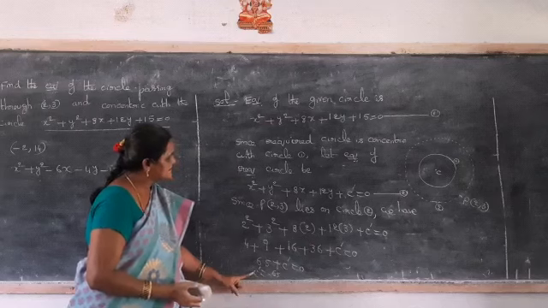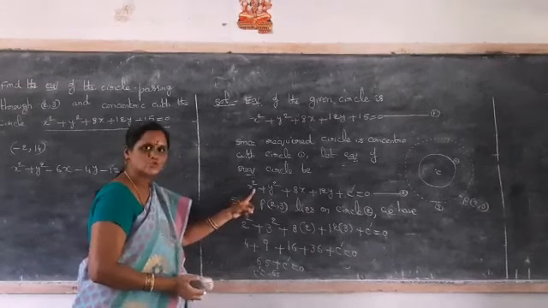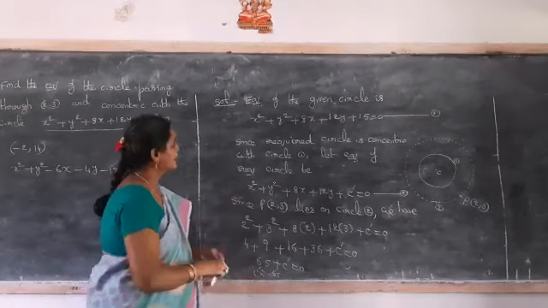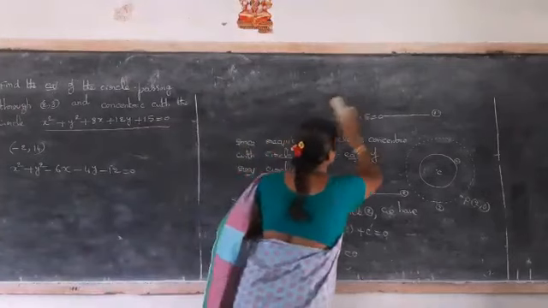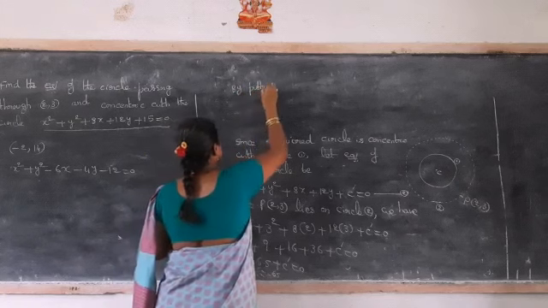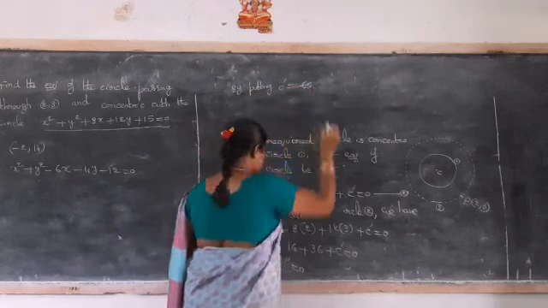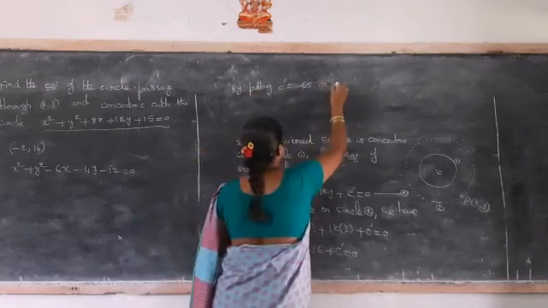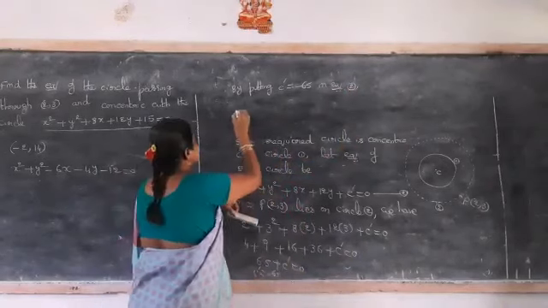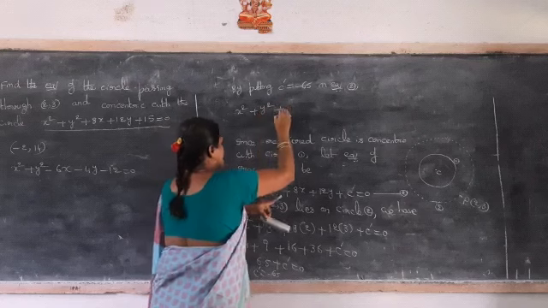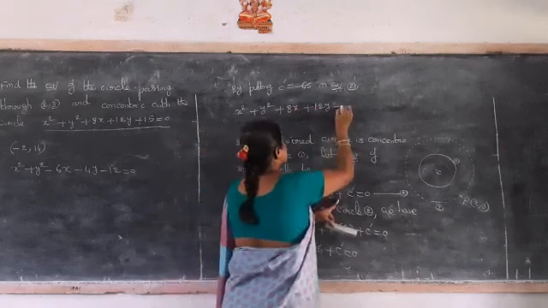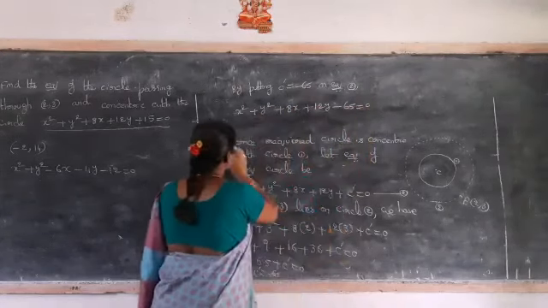Now we substitute the c dash value in equation 2. By putting c dash equal to minus 65 in equation 2, we get x square plus y square plus 8x plus 12y minus 65 is equal to 0.